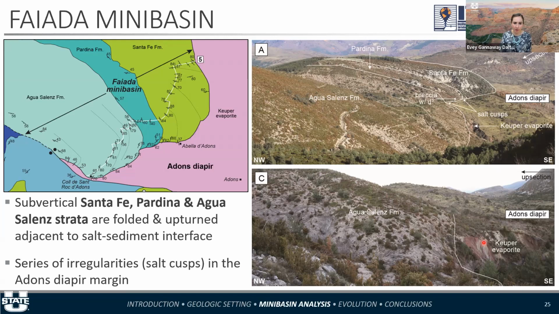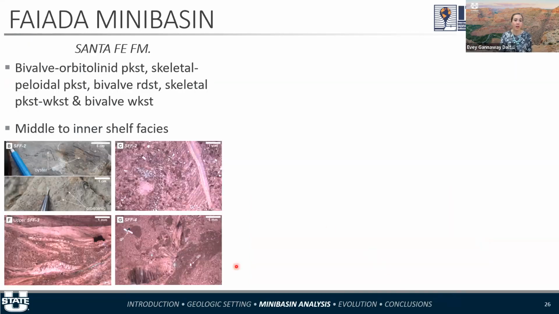So here again, we focused on the sedimentology and stratigraphy of these three formations. Beginning with our Santa Fe, we have bivalve and orbitolinid skeletal limestones. These are middle to inner shelf skeletal limestones.